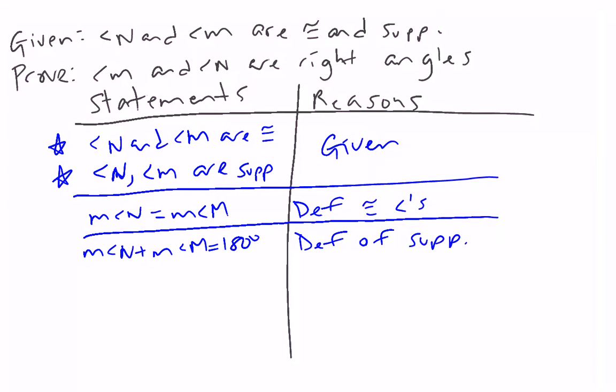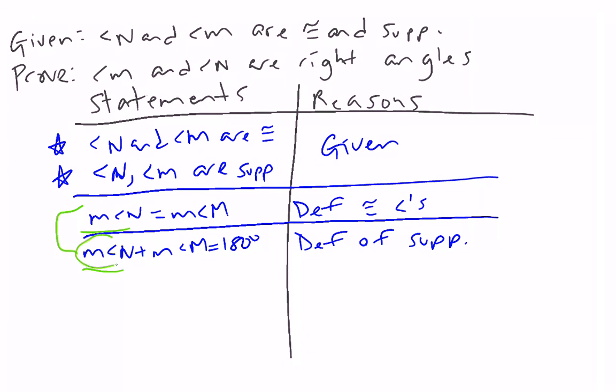Once again, I can't really go anywhere from there, so what I consider is, is there a way to combine the two things I know right here? Well, they both have angle N and angle N. So I'm going to substitute in angle M. You could do the same idea and get rid of angle M and use N. I really hate how these letters sound exactly the same.